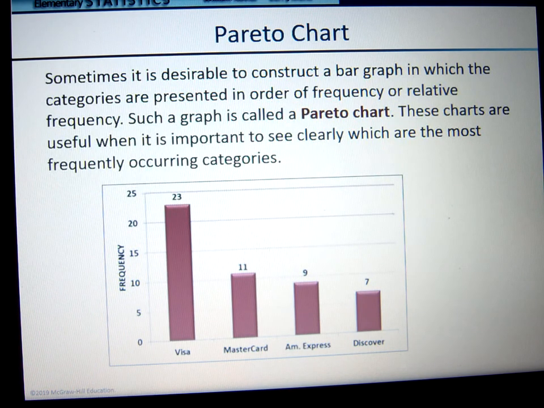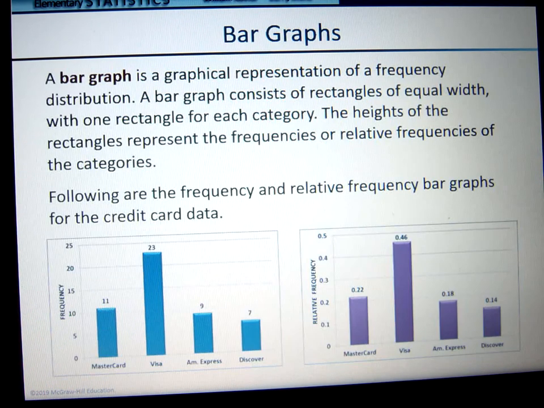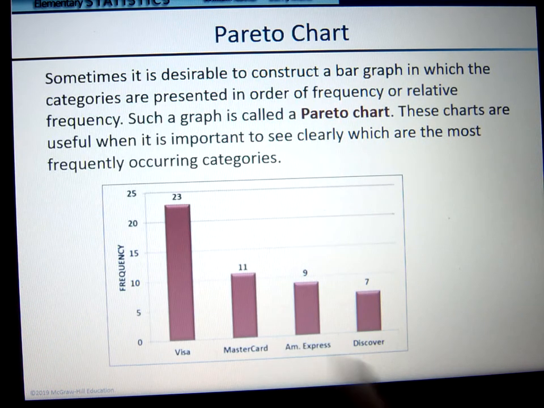Sometimes it is desirable to construct a bar graph in which the categories are presented in order of greatest to least. So you're just reorganizing them. Let's go back here and look at this. You see Visa is the first, MasterCard's the second, American Express the third, Discover the fourth. So the only difference is we're moving them around, and we can because it really doesn't matter what order they're in.